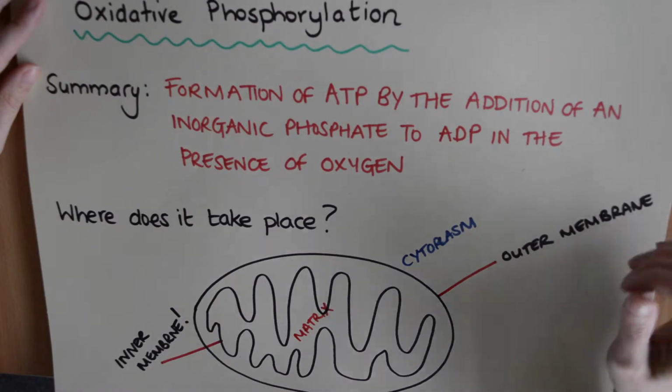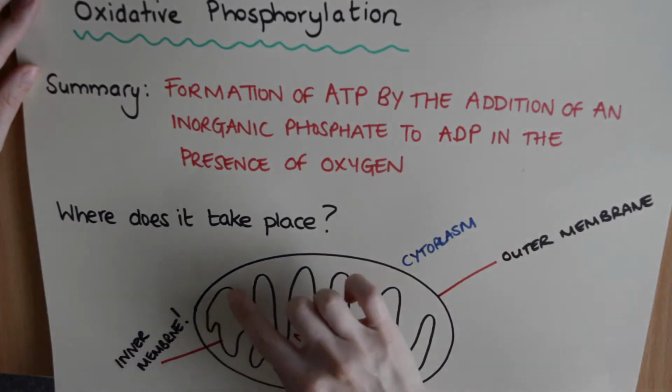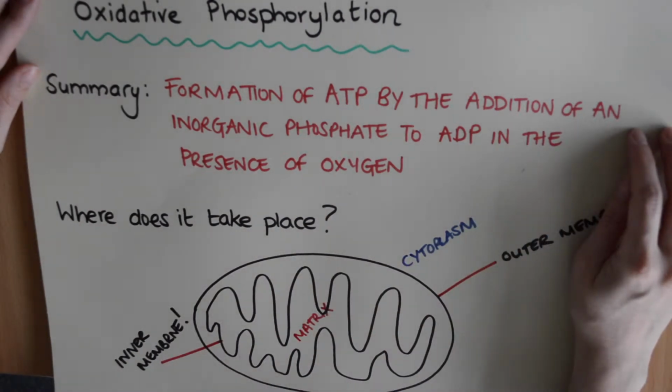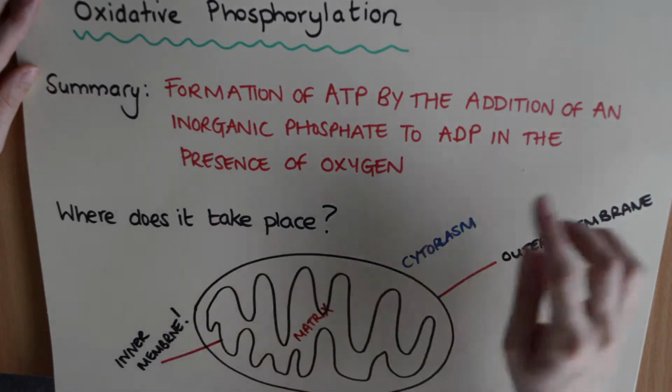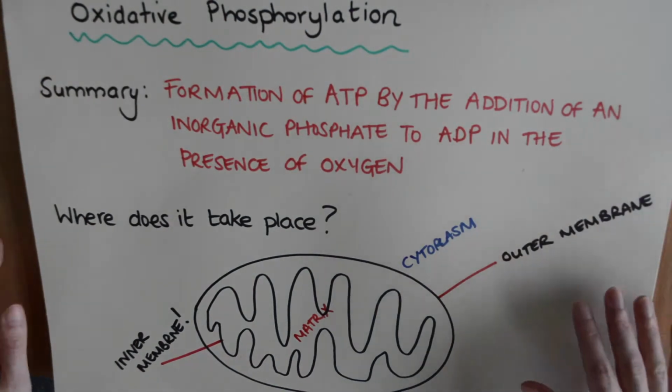Now, you might notice that the inner membrane of the mitochondria is also folded into these projections called cristae, and that increases the surface area so that you can have a greater number of electron carriers and a greater number of ATP synthase molecules, which we'll get to later.